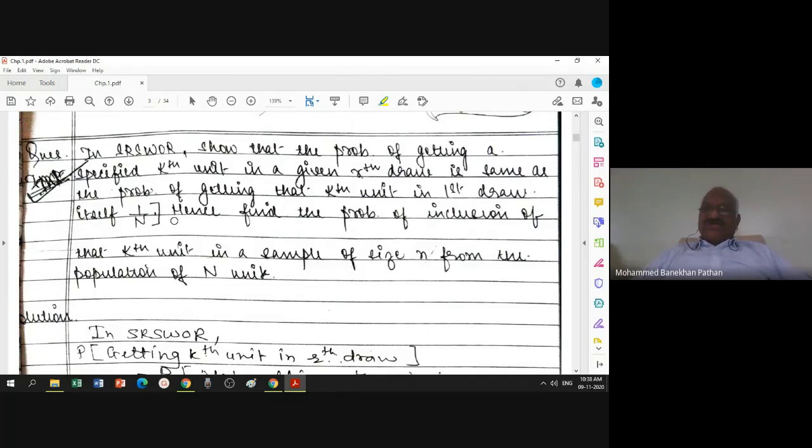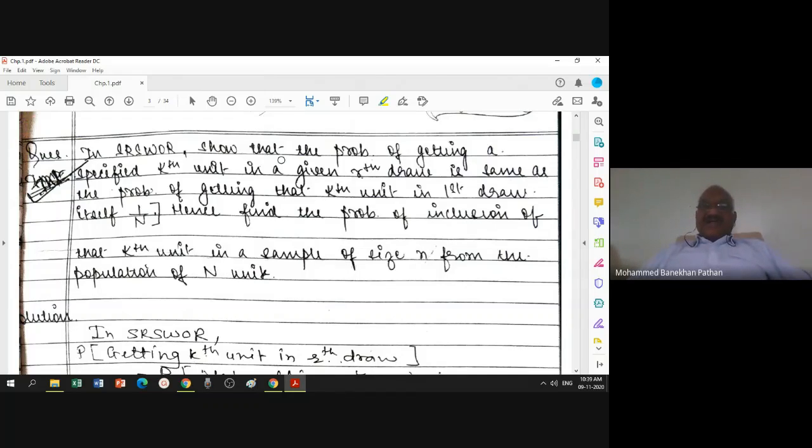Second part of the question: hence find the probability of inclusion of that kth unit in a sample of size n from the population capital N.